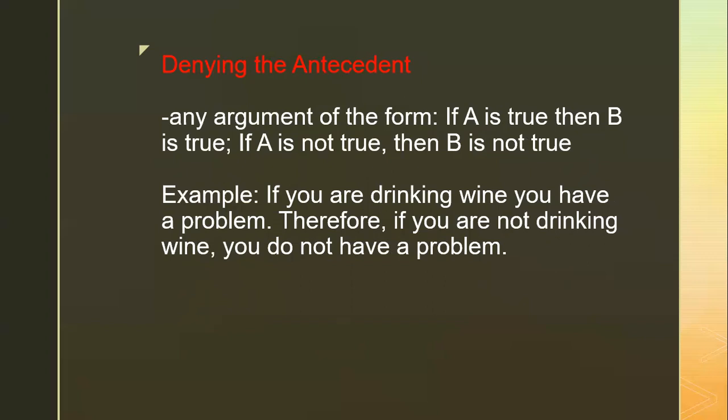Next is denying the antecedent. Any argument of the form, if A is true, then B is true. If A is not true, then B is not true. So, example, if you are drinking wine, you have a problem. Therefore, if you're not drinking wine, you do not have a problem. So, if you believe that something is connected to another situation, then you believe that these situations are similar.